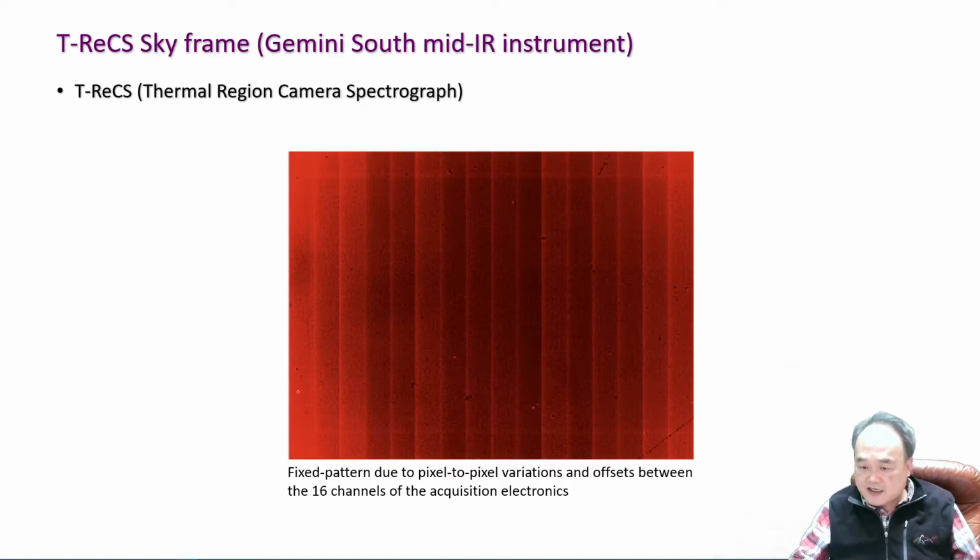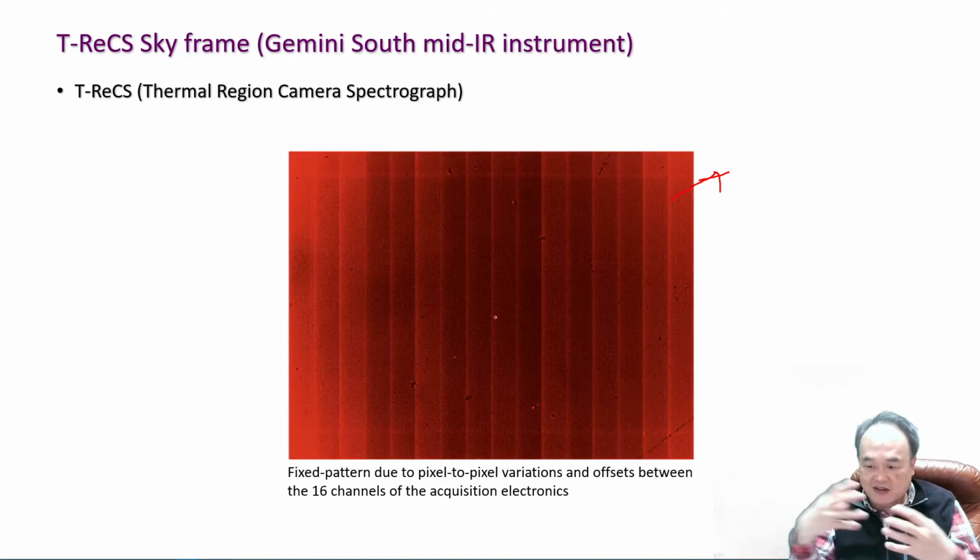It has 16 readout channels, so as you can see, 16 vertical stripes. This is the typical fixed pattern noise. This background is at the level of several hundred million electrons. Even if I observe one of the brightest objects in the sky as a calibration standard star, in a single chop image that brightest object in the sky is not even visible, right?